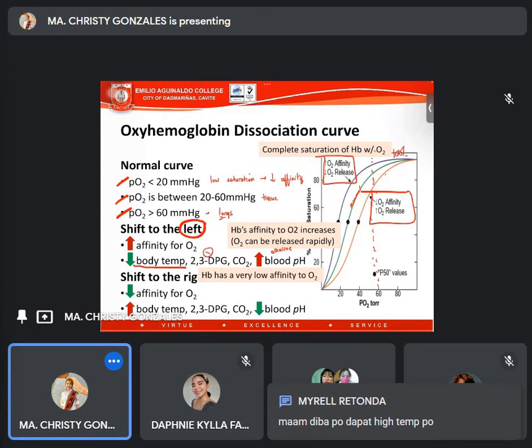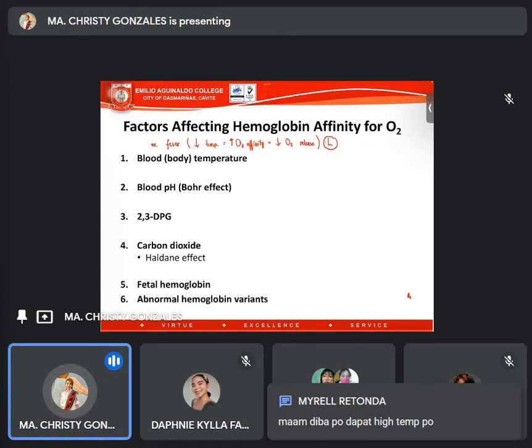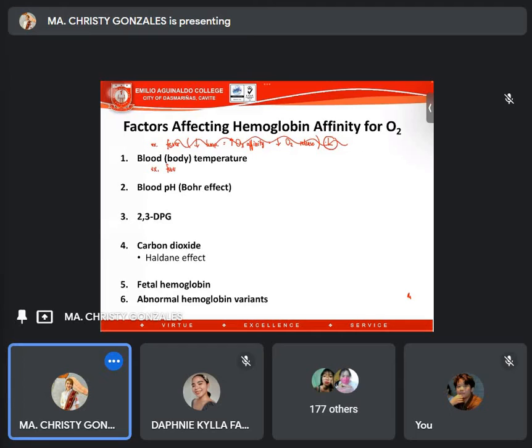Ano ba? Fever, ano ba kayo? Ulit. Fever, di ba mataas ang body temp? Di ba? So, baliktad. Decrease oxygen.